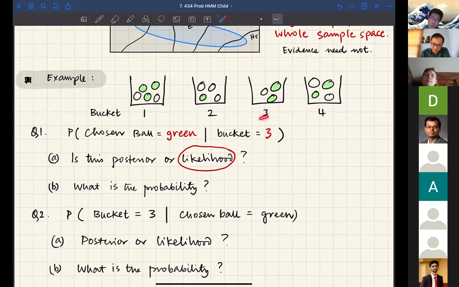But if I say bucket, you can write 1, 2, 3, 4. That's all. That's your full sample space. Does that make sense? So here you're given an evidence, and your hypothesis is this part, because you know all the buckets. You know that there are 4 buckets and you're trying to choose one.